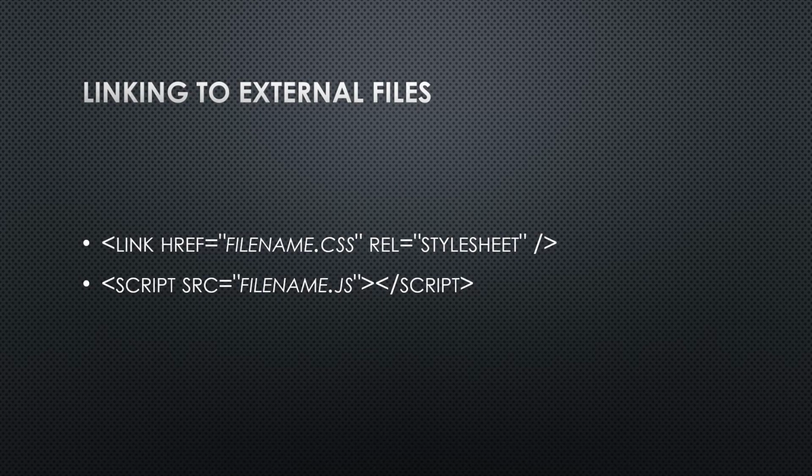To link to a JavaScript file, use script source equals file name.js with the opening and closing arrows. The type attribute is also no longer required for the JavaScript links. At one point, you would have to put that like type/whatever file type you're working with.